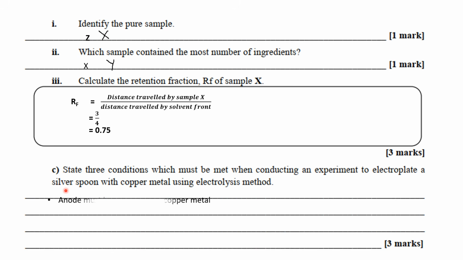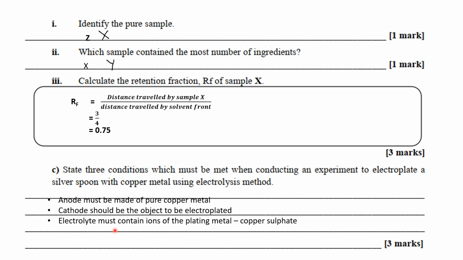One condition is that the anode must be made of pure copper. Another condition is that the cathode should be the object to be electroplated. And lastly, the electrolyte, which is the solution, must contain ions of the plating metal, in this case copper sulfate. Each point is 1 mark, so we have 3 marks here.